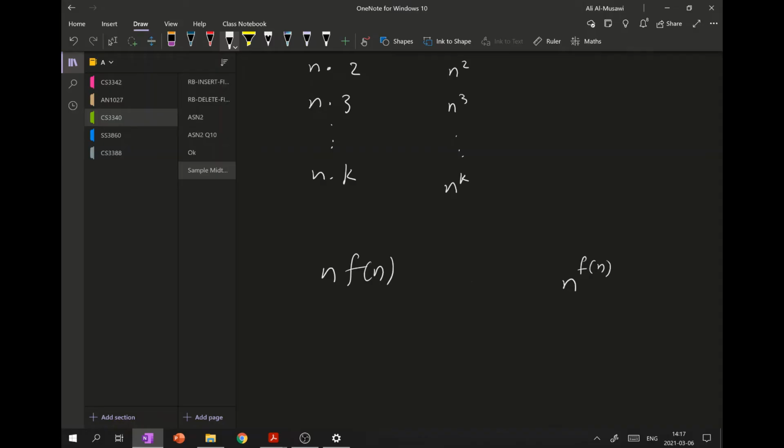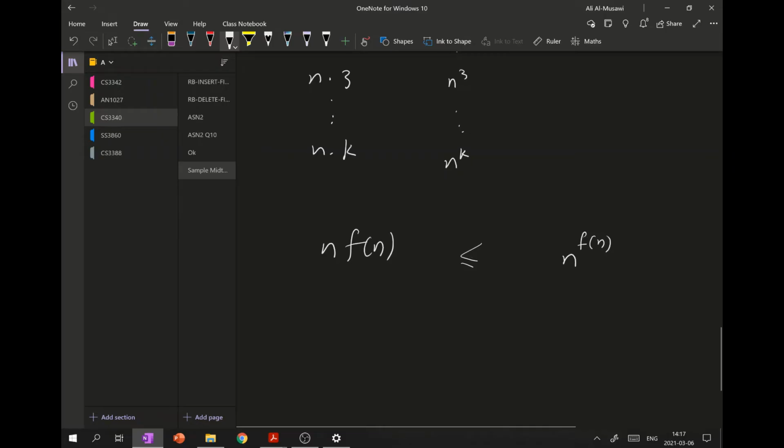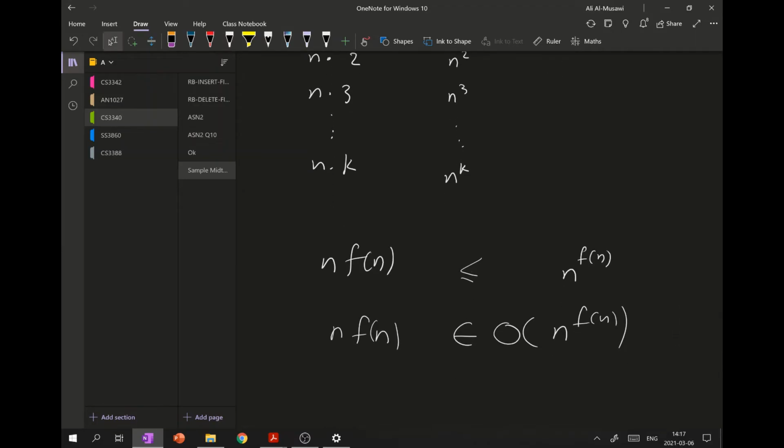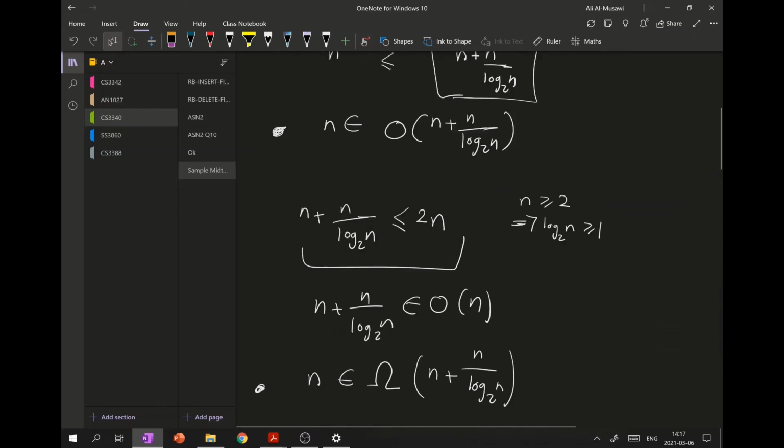So we have n times f(n) less than or equal to n to the f(n), where f(n) is an increasing function. If f(n) is decreasing, this might not hold. So we should pay attention to whether f is increasing or decreasing. But in terms of log, log is always increasing. So this holds, and we conclude that n f(n) is big O of n to the f(n). Okay, but we cannot have the omega. Exponentiation is faster.